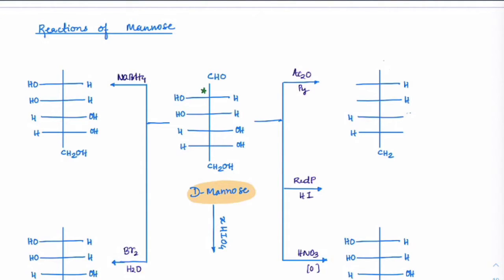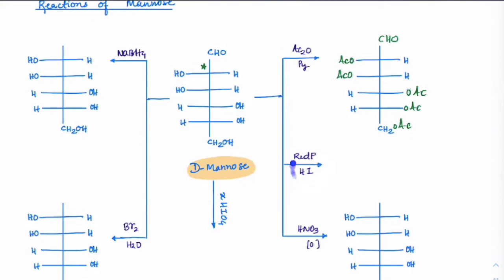So you can see it will become CHO, and here you will have OAc, here OAc, here OAc, here OAc, and here OAc. So this is what it is forming with Ac2O. With red phosphorus and HI, we know that everything will get reduced and we will get n-hexane. That will be the product.